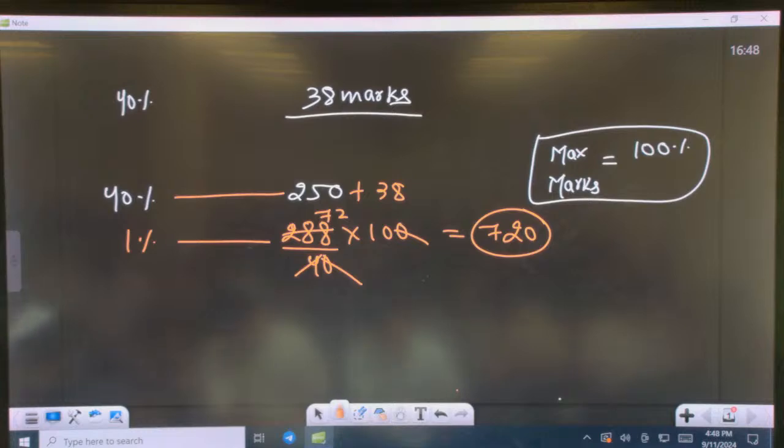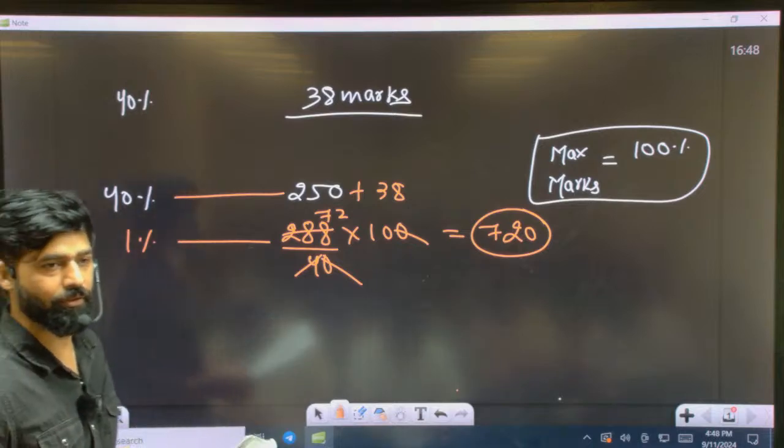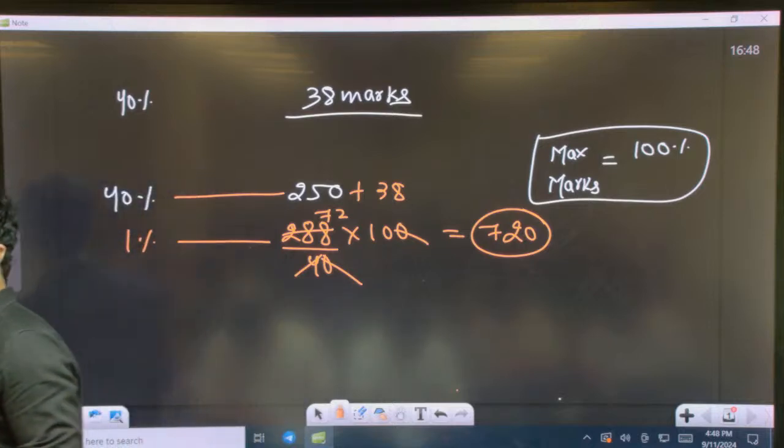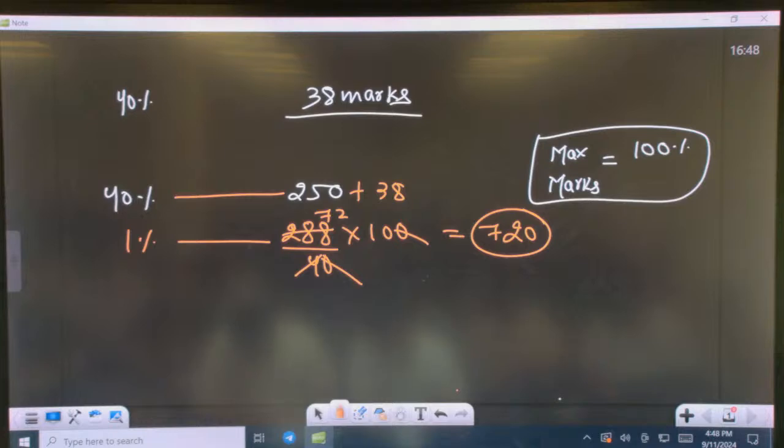Got it? Okay. Write the next question. Write one more. A student scored 280 marks, which is 30 marks more than the essential marks.